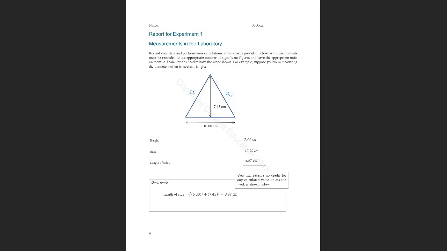So how do they calculate the length of the side? You know that this number, x square, this is math actually, plus y square is going to be a square.